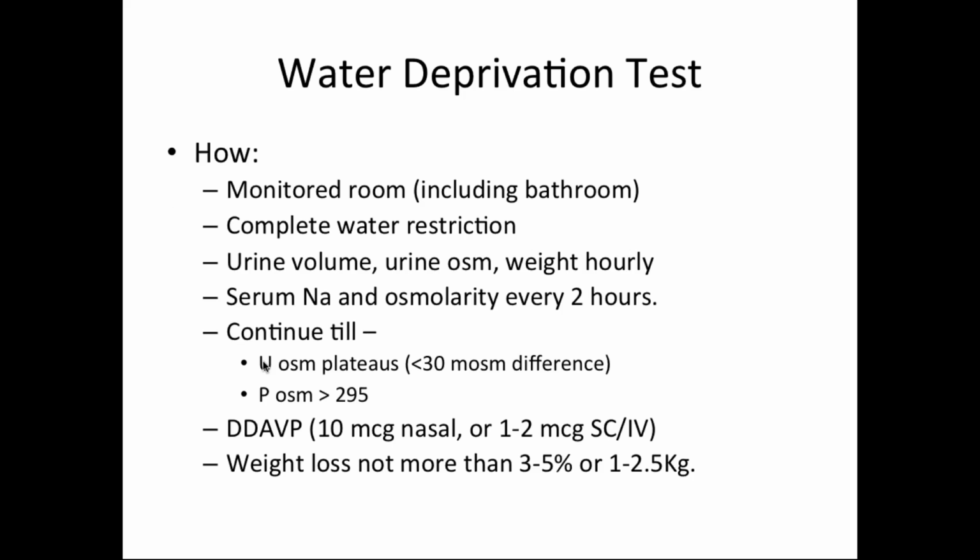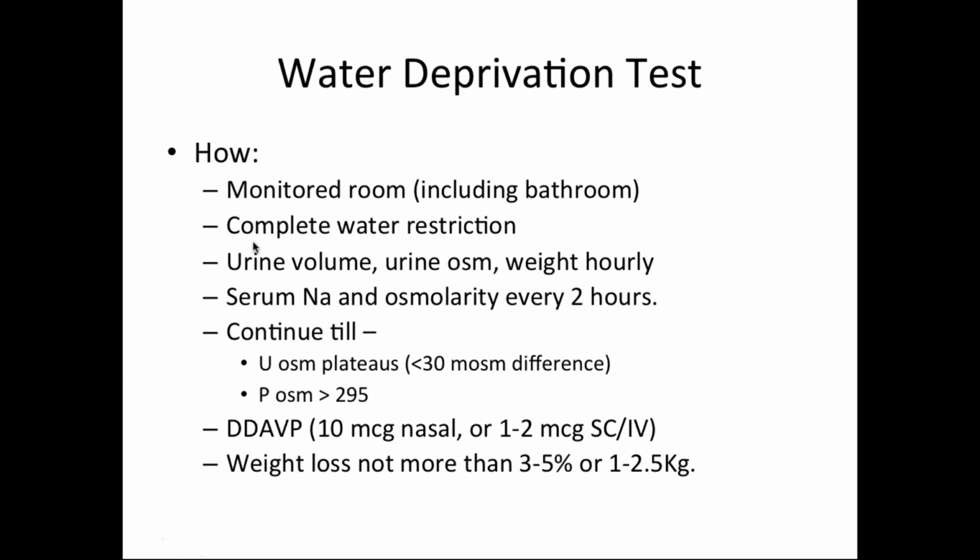So now let's talk about the water deprivation test that you would need to do if someone had water diuresis in relationship to polyuria, or whether you were evaluating someone for hypernatremia and needed a water deprivation test as well. So how to go about doing it?